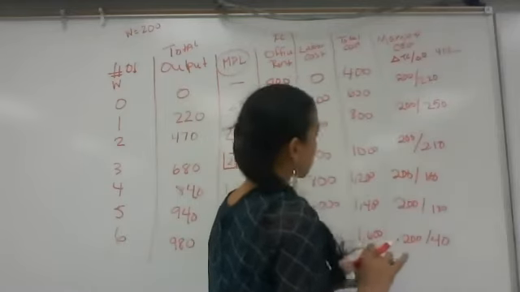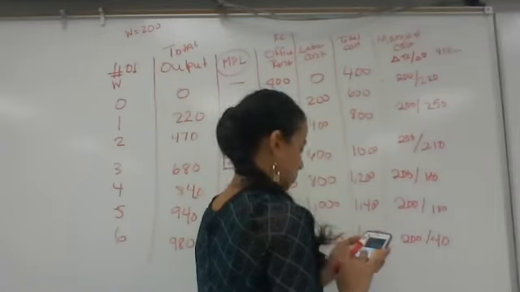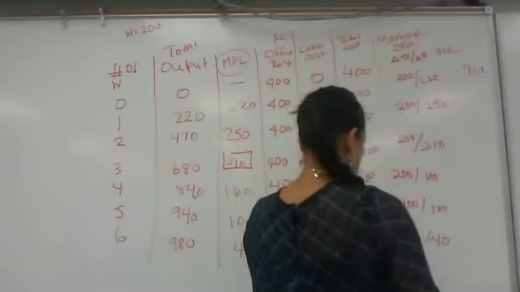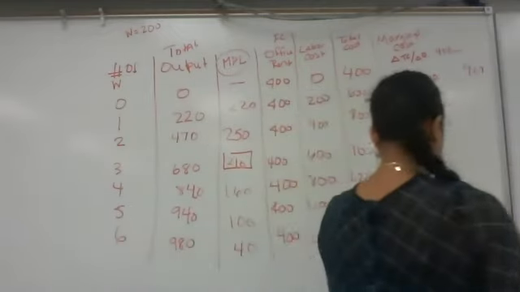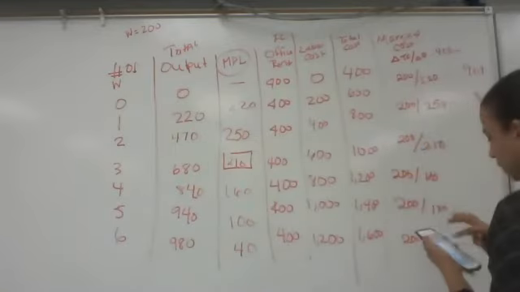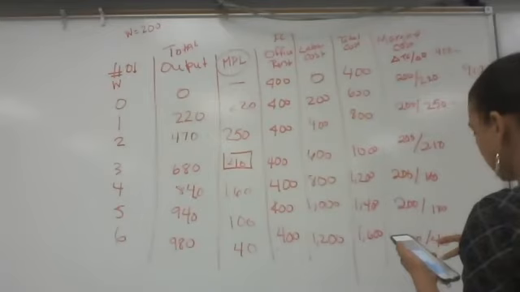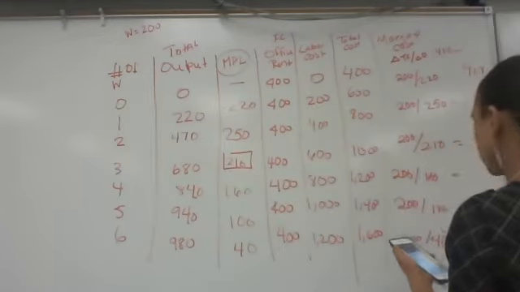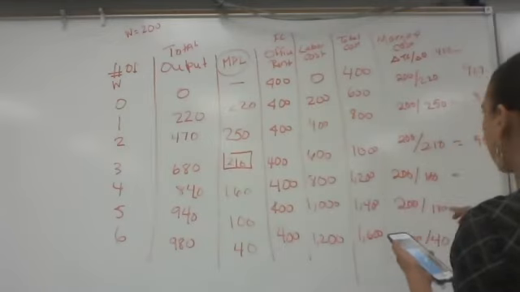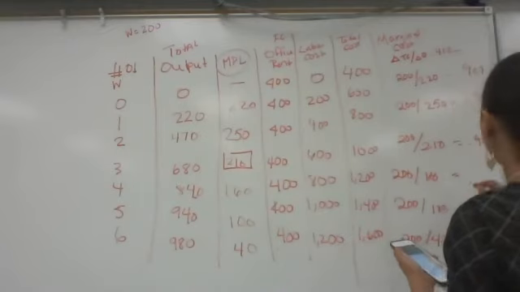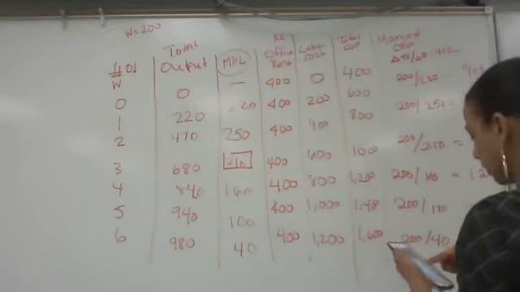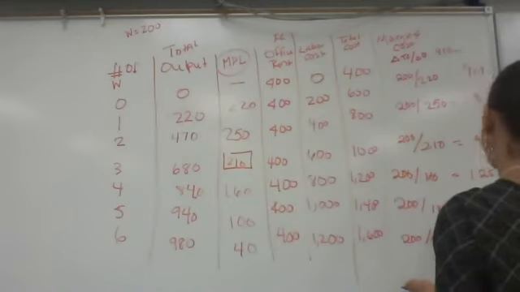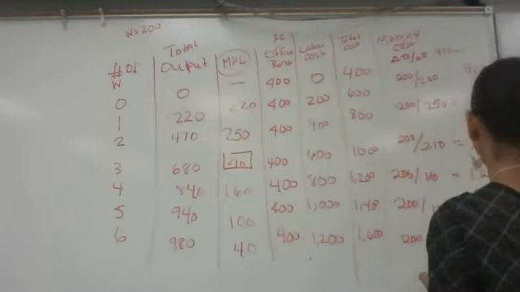And so if I calculate marginal cost here, I've got 200 divided by 220, it's going to give me 0.909. 200 divided by 250 will give me 0.8. 200 divided by 210 gives me 0.95. 200 divided by 160 gives me 1.25. 200 divided by 100 gives me 2, and 200 divided by 40 is going to give me 5.